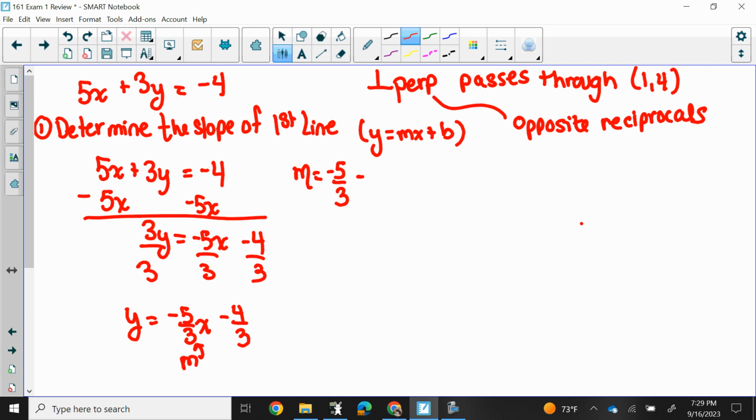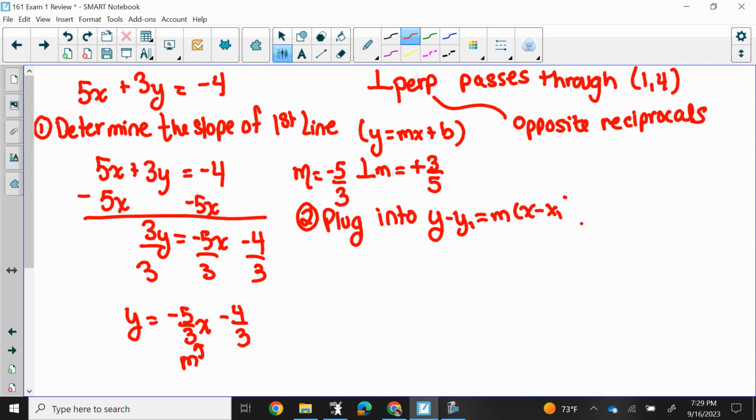So my perpendicular slope is going to be positive, and then the reciprocal is I flip the fraction. So there's my new slope. And then I'm going to plug it into point slope, which is y minus y1 equals m times x minus x1, right?